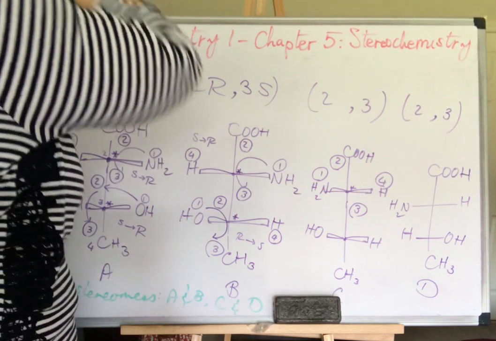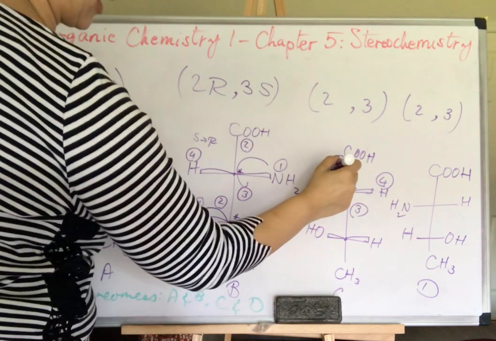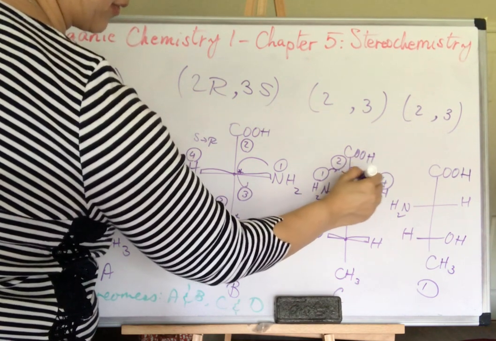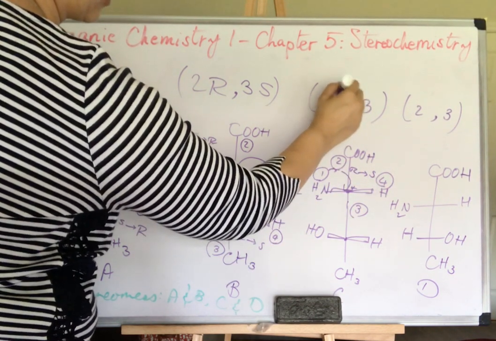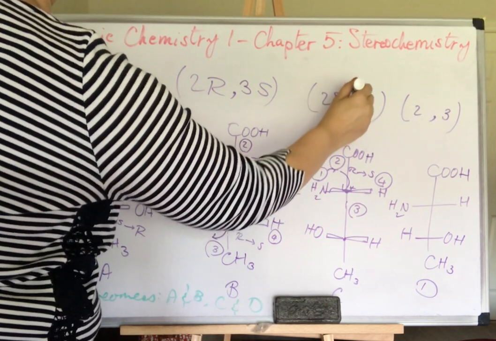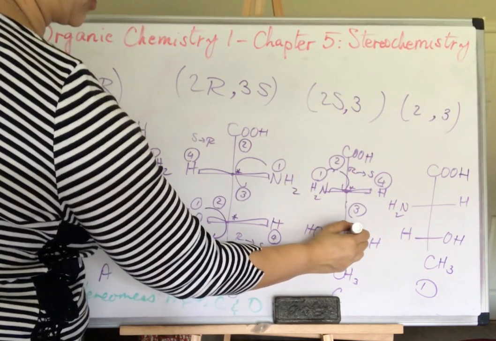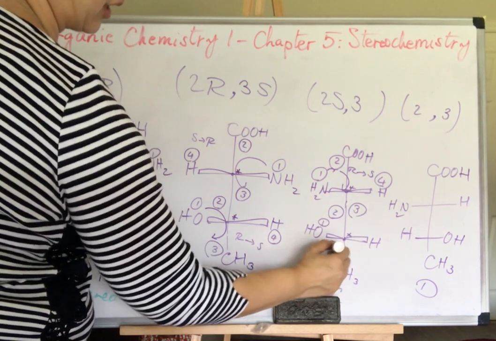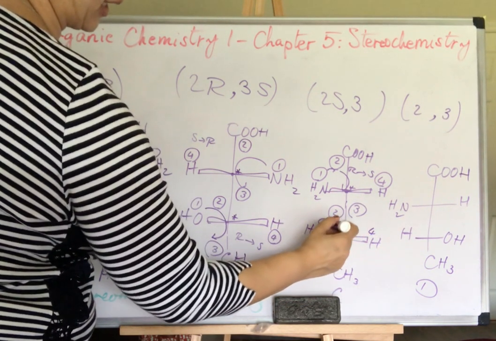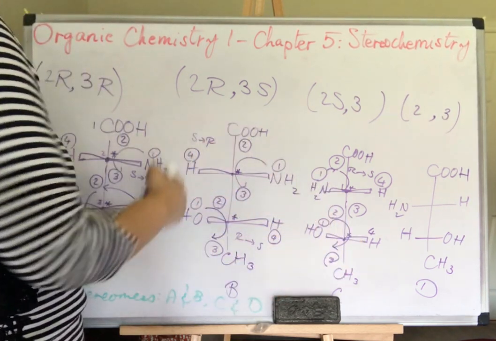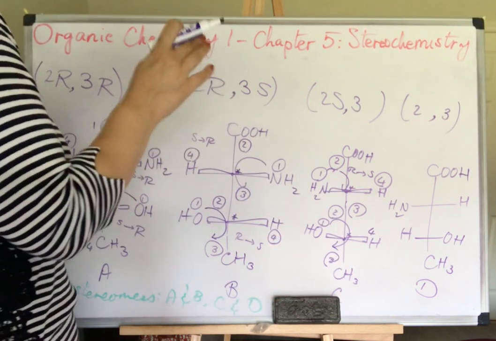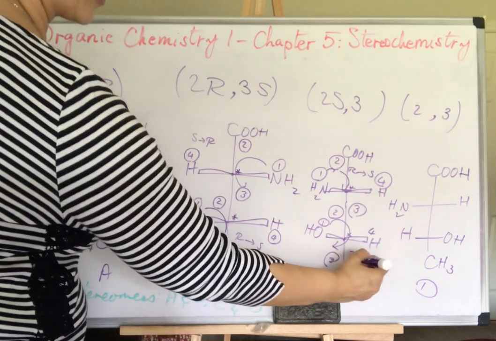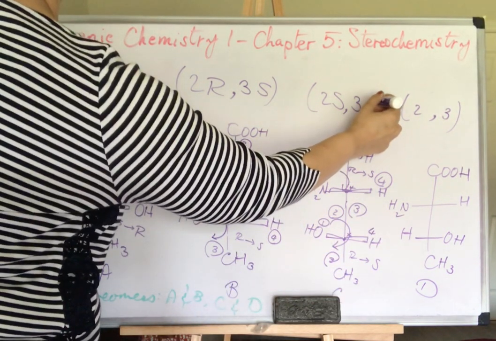Those are the same groups, so I'm not gonna take any more time. 1, 2, 2, 2, 3 looks like R, but hydrogen is in the front, so it's actually S. And the third carbon, group number 1, 2, 3, and 4, hydrogen is in the front again. So in these types of configurations, hydrogen is always in the front, so you need to use the second rule. So it looks like R, but it's actually S.